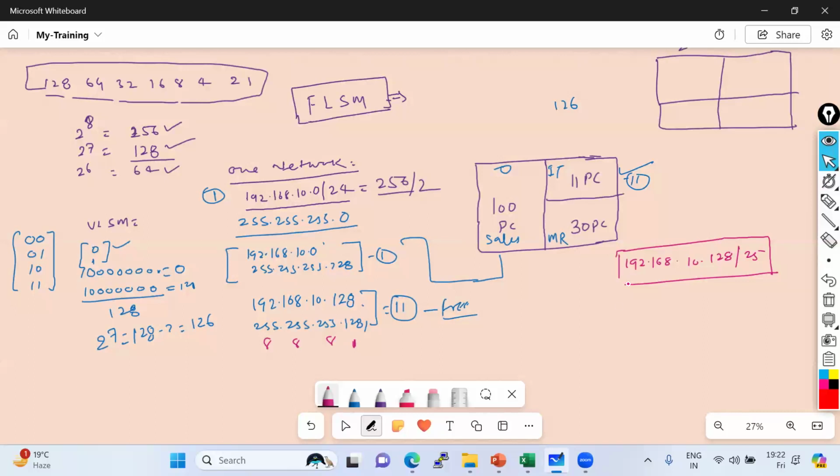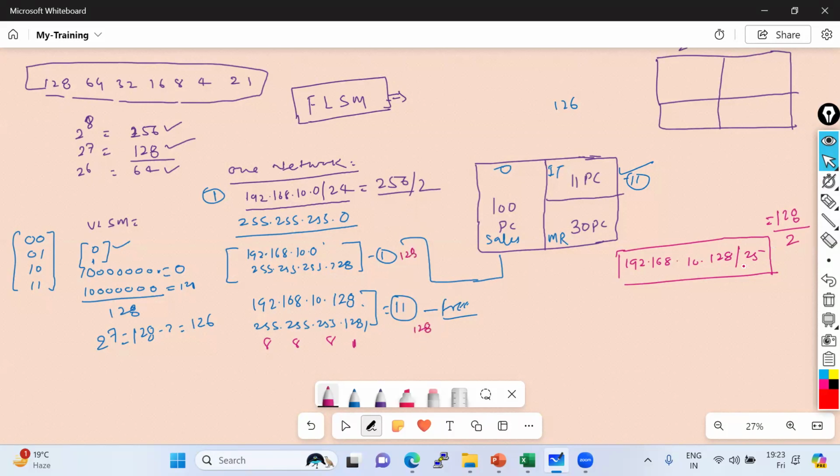Now we have to split in such a way that we utilize the minimum IP requirement and do not waste that many IPs. If I divide this network in two parts, how many IPs am I going to get? Total IPs we have right now is 128, earlier 256. We divide in two parts, so 128 here and 128 here, right?